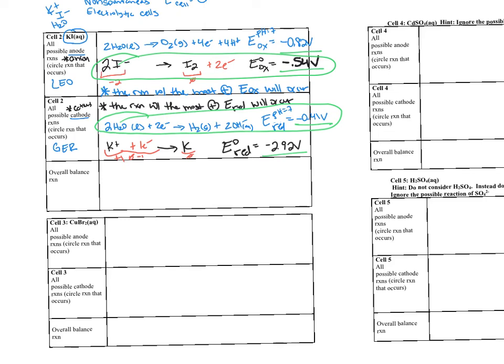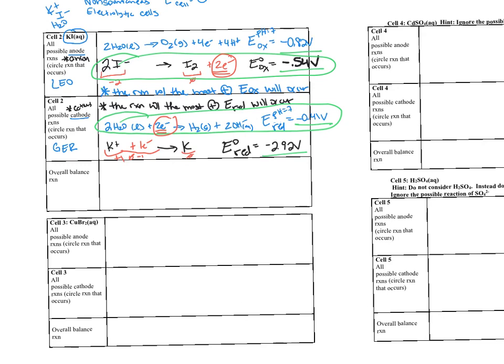The last thing we have to look at now is our overall balanced chemical reaction. To do that, we add up the two reactions that we circled. Remember, electrons must cancel. I can see I have 2 electrons on the right, 2 electrons on the left. They do indeed cancel, so I do not have to multiply my two reactions by anything.